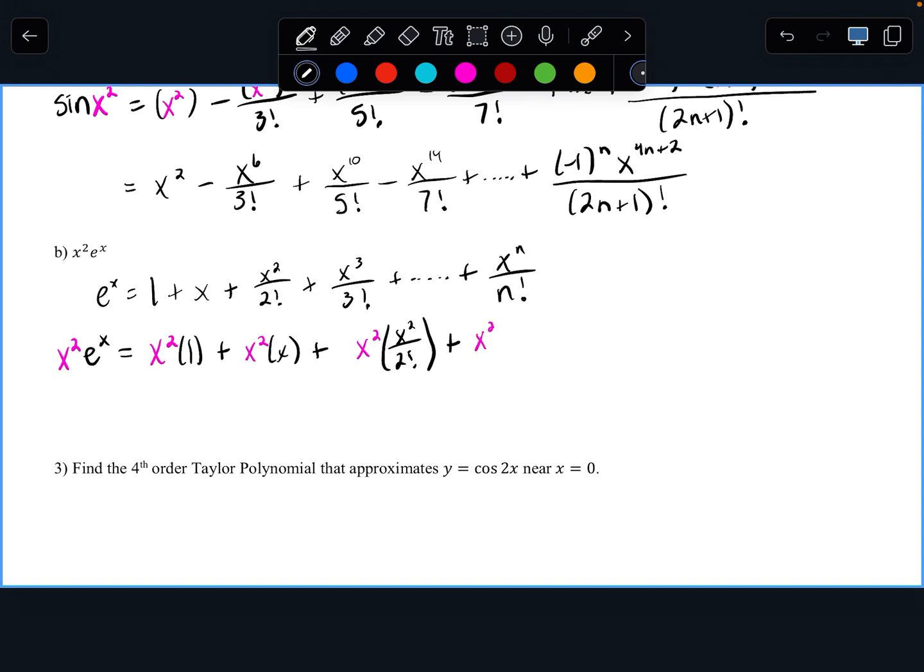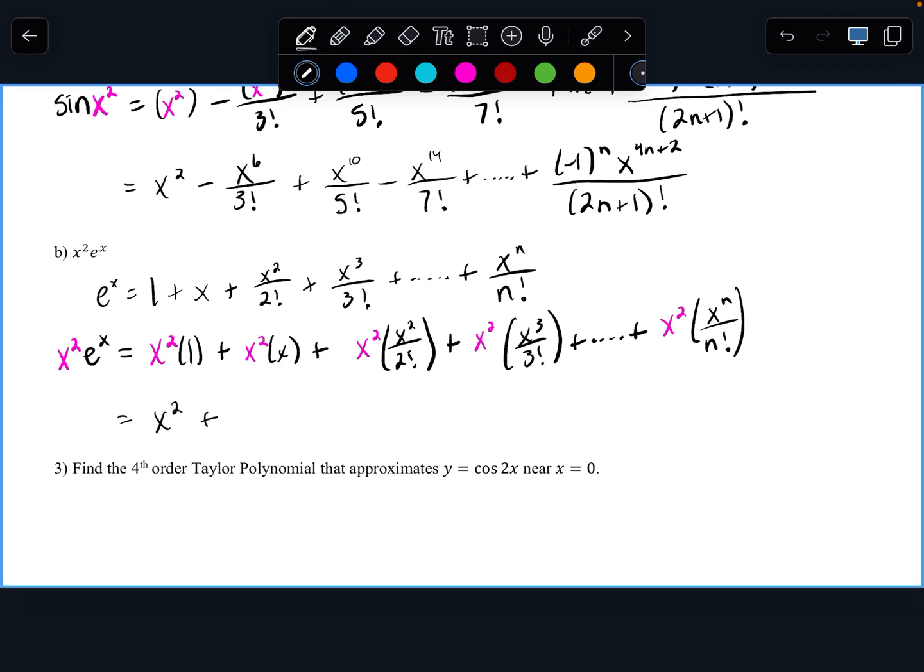And again, it's just hardcore algebra. And then probably the part people freak out the most is the last guy. So you're multiplying everything by x squared. These ones, you'd add the exponents.